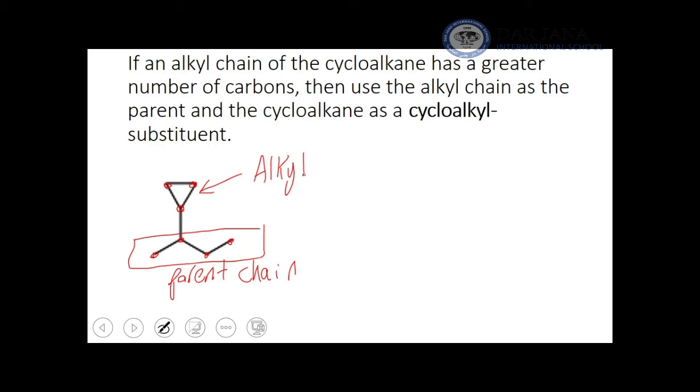So this molecule is called 2-cyclopropylbutane. This parent chain contains 4 carbon atoms, so it's a butane, and the alkyl group cyclopropyl is on carbon number 2, so the name is 2-cyclopropylbutane.